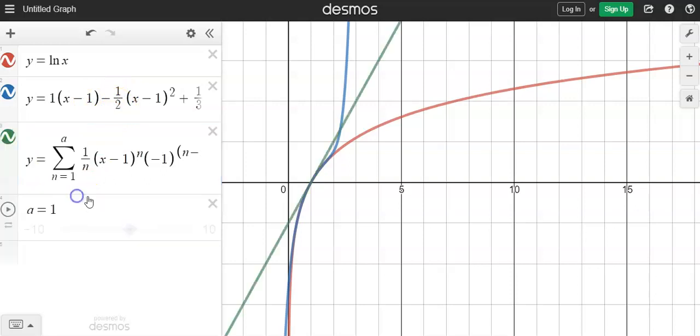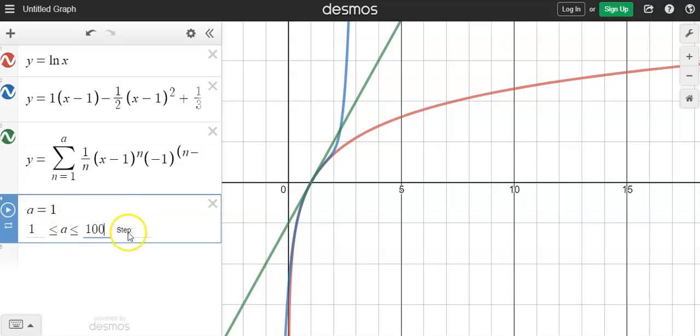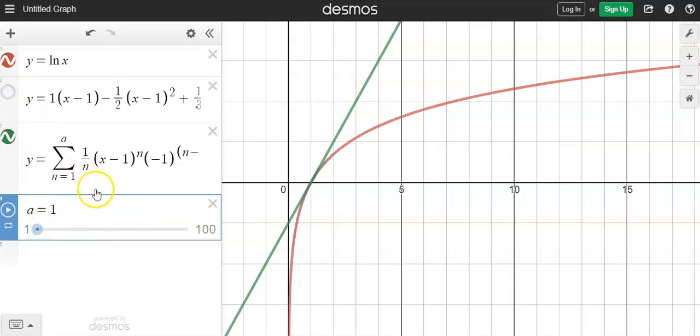All right, let's make a slider. We can't go to infinity, so let's see how it goes to 100. Let's see how crazy it gets. We'll just go in steps of 1. Let's see what happens. Are you ready? So here in green, let me get rid of the blue one.